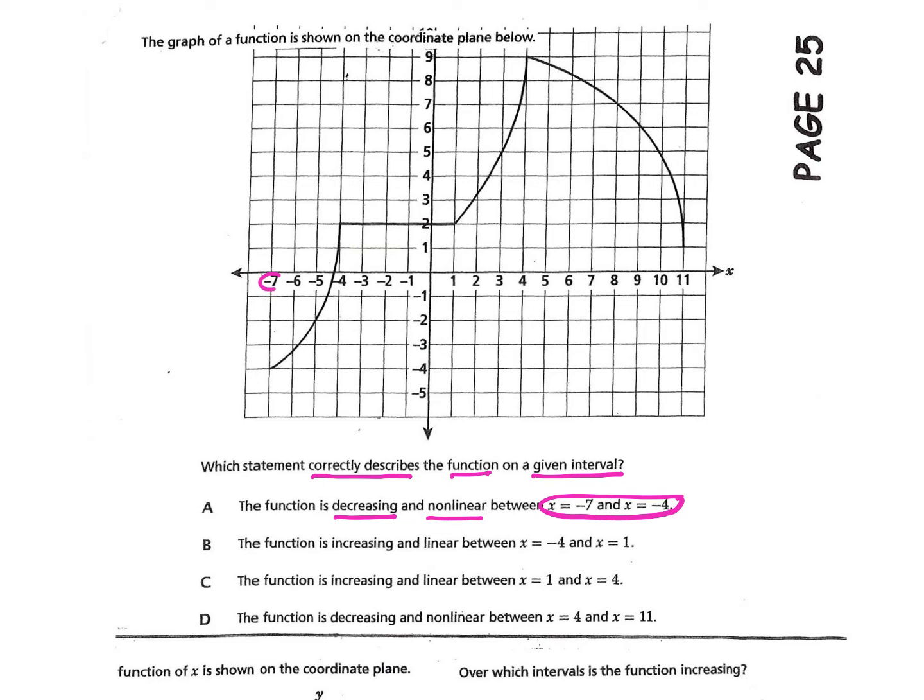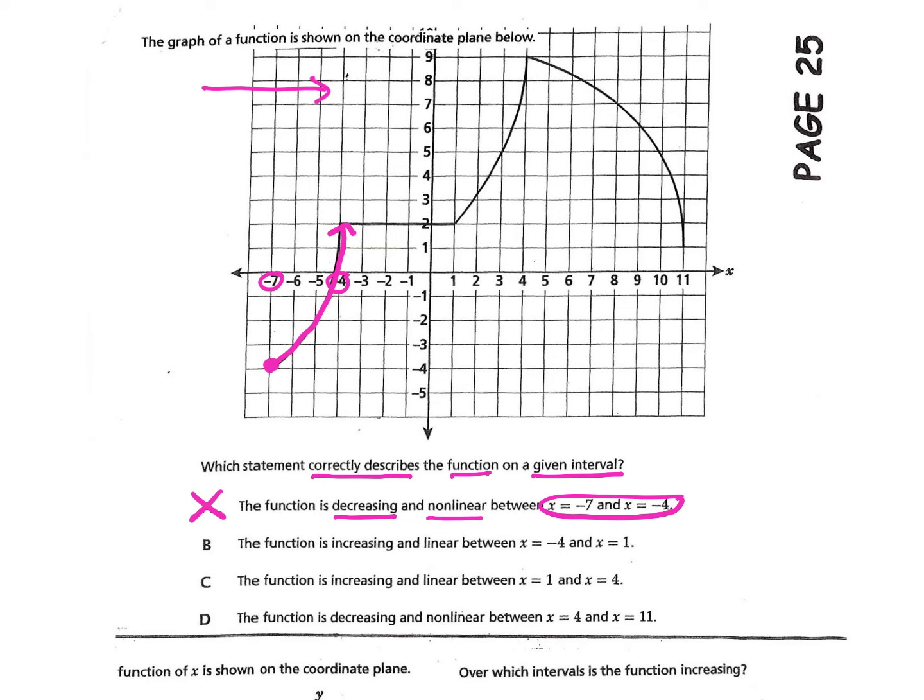So from here to here. Well, remember, our eyes move left to right as we go that way. And this function is increasing and nonlinear, not decreasing. So letter A is incorrect. Let's check the next one.